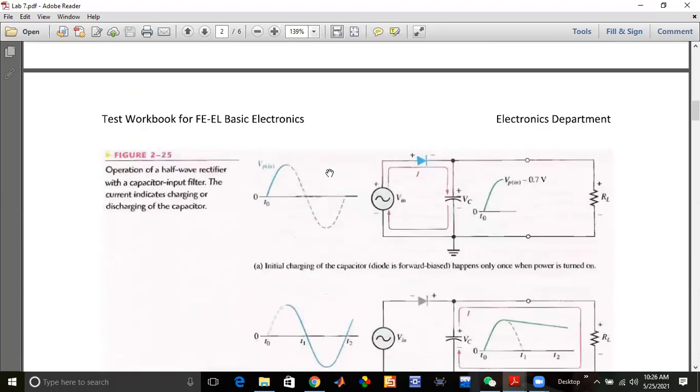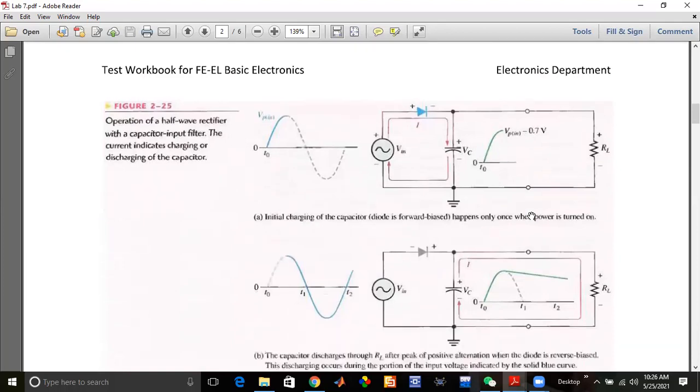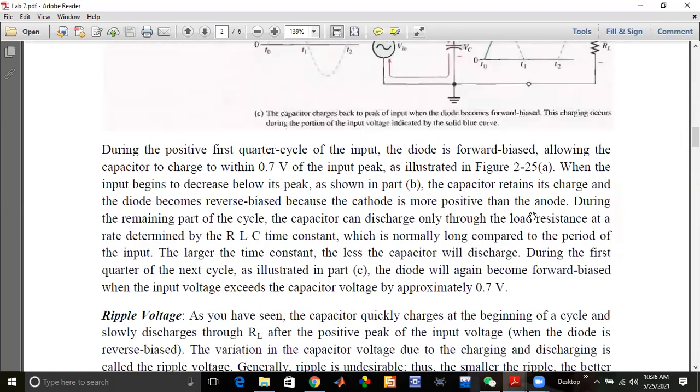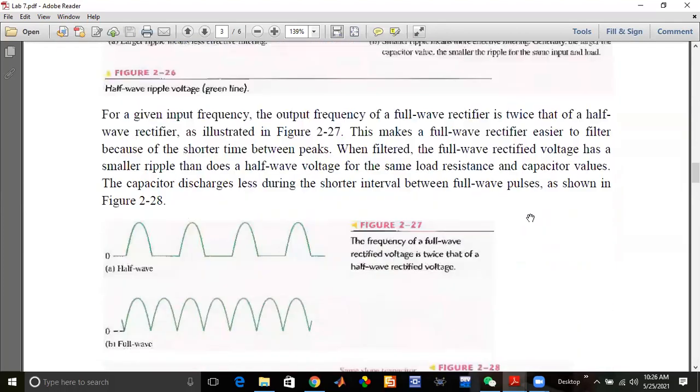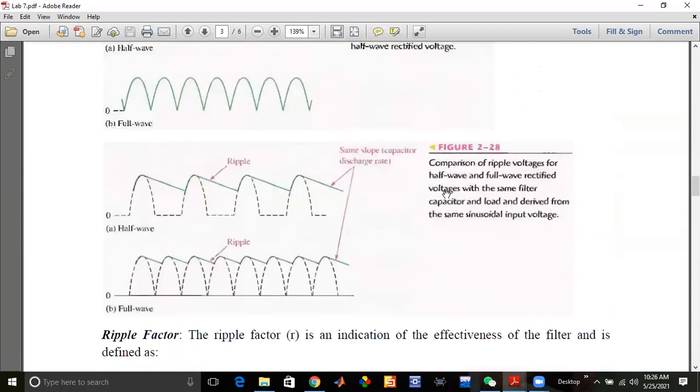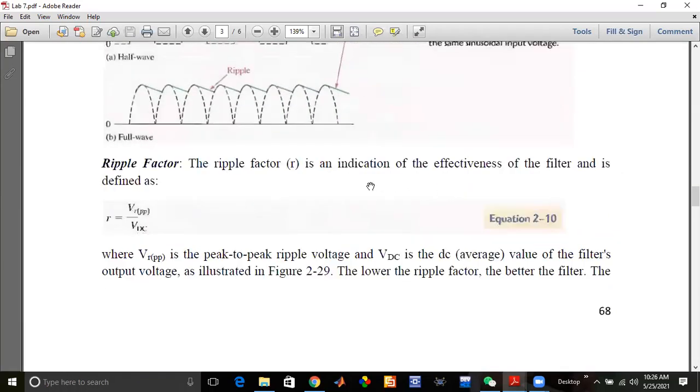The filter reduces the fluctuation and pulsation. But when the pulsation is reduced by the filter, there is still some variation. So it can be removed by the regulator IC. And here we will use the 7805 IC for regulation.